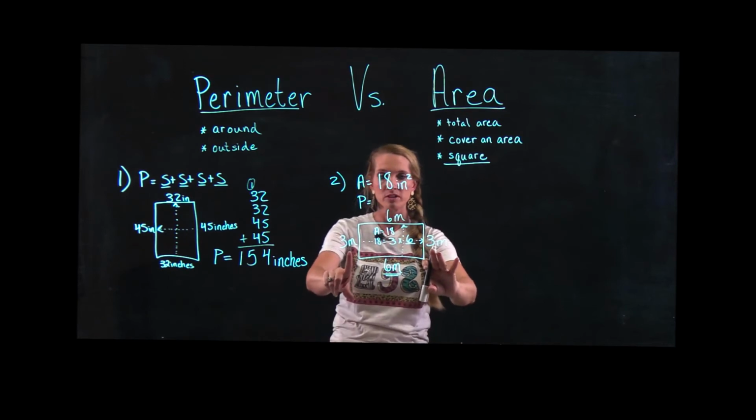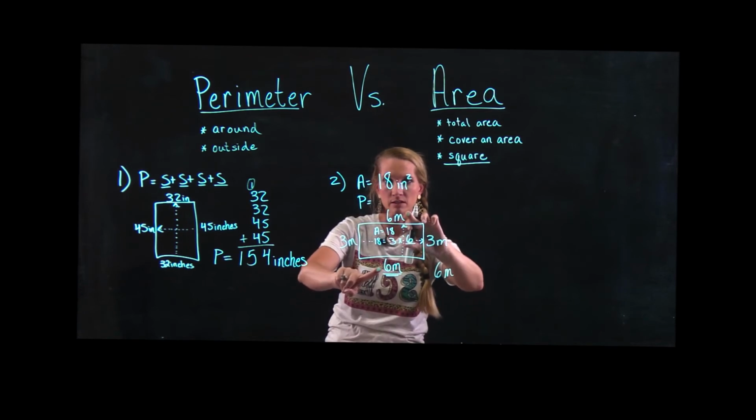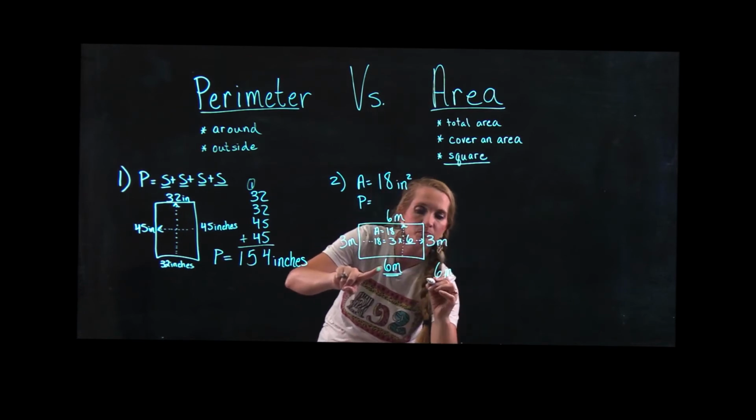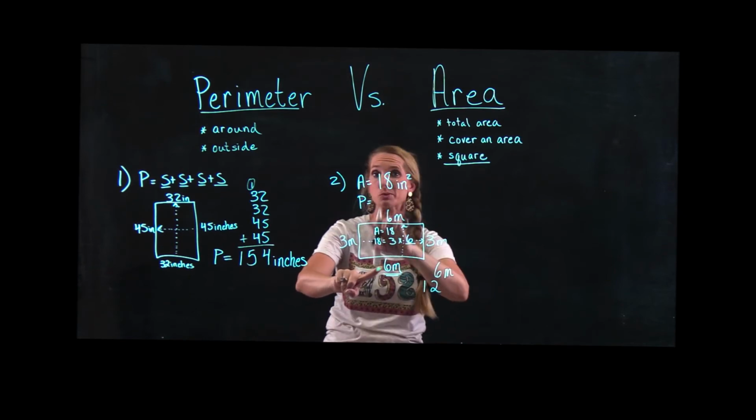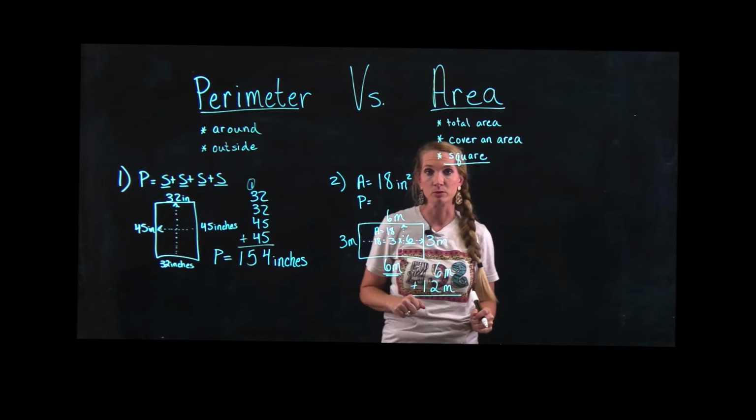Now, I can almost do this in my head. 3 plus 3 is 6, and 6 plus 6 is 12. I could almost do 6 times 3, but again, you use your mental math to help you solve these.